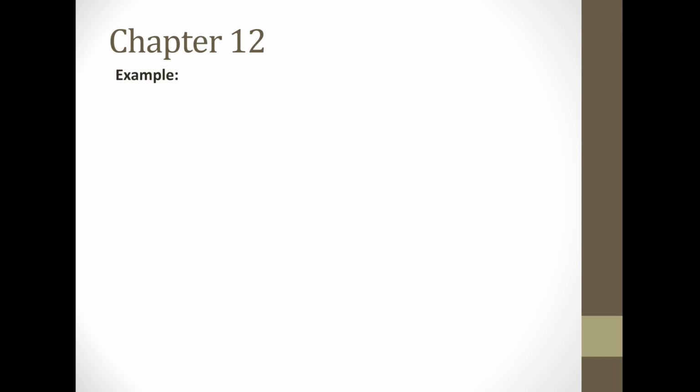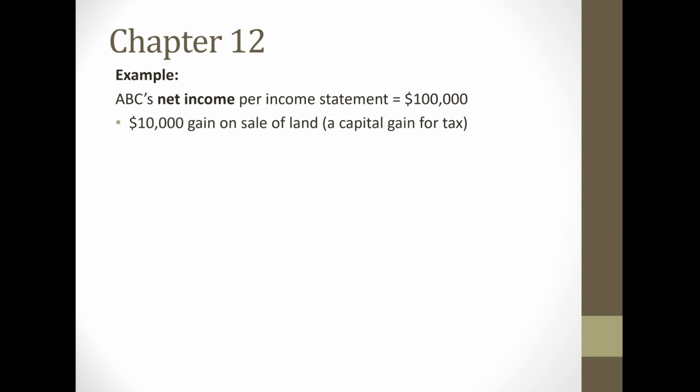Moving on to the next slide, let's look at a simple example. We have ABC Corporation, and here is their net income from their income statement, $100,000. Included in that amount is a $10,000 gain on the sale of land. Now this sale of land is considered a capital gain for tax purposes, but that $10,000 was included in their net income on their income statement.